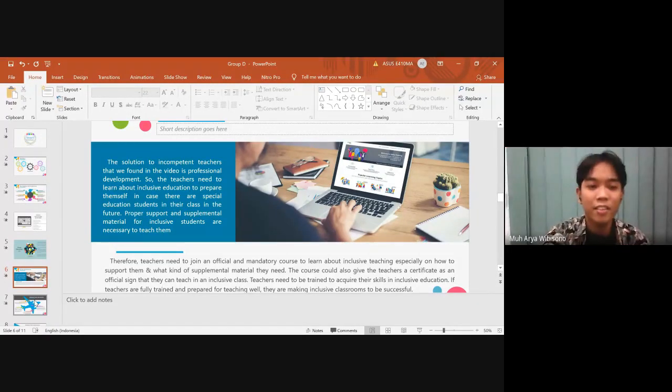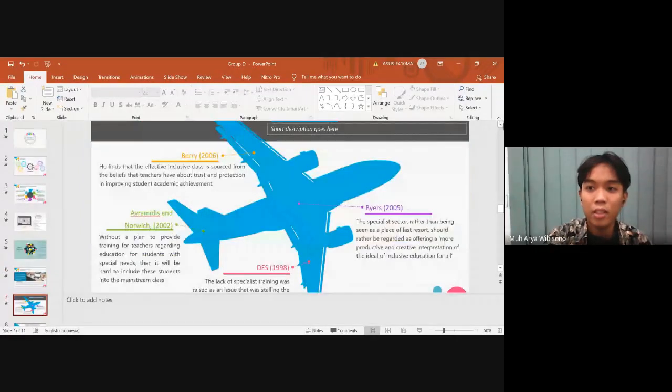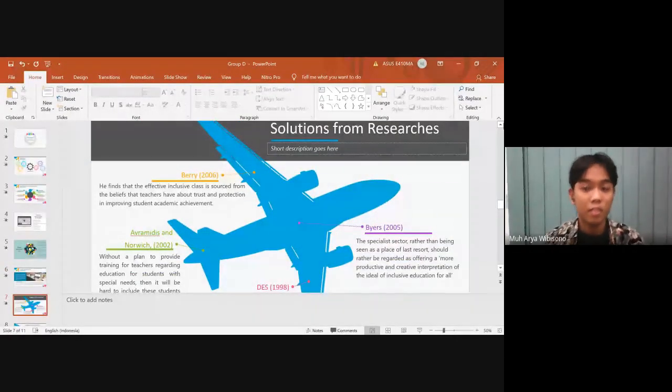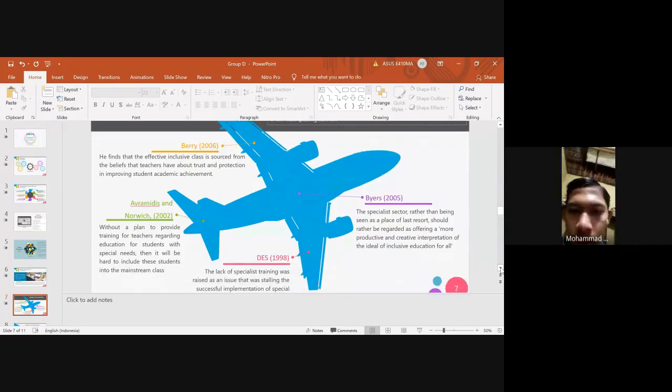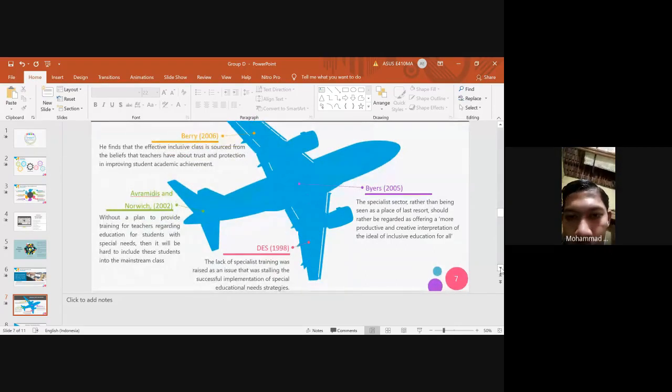Okay, thank you, Nanda. The next one is solutions from researchers. So this one, Rizky, time is yours. Okay, thank you, Arya. The first solution is from Perry, 2006. He finds that the effective inclusive class is sourced from the belief that teachers have about trust and protection in improving student academic achievement.